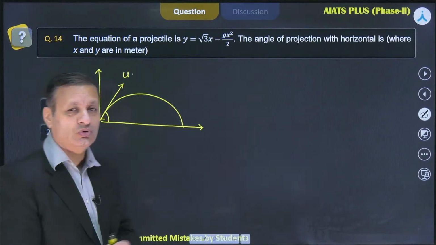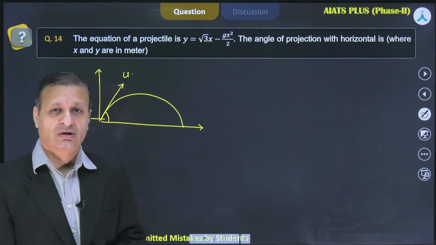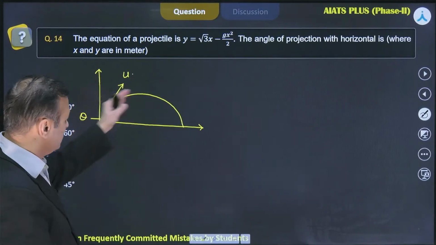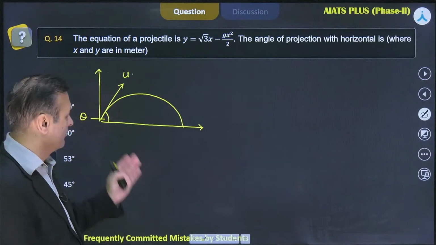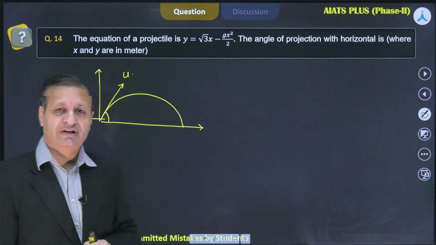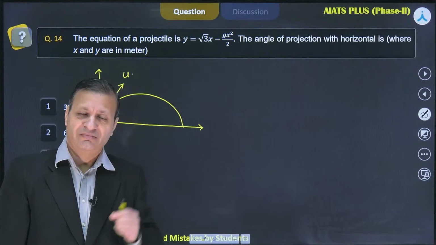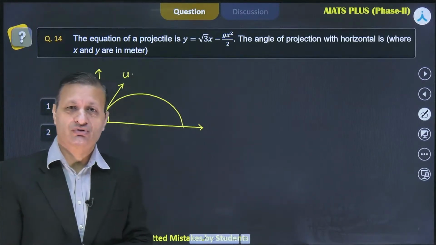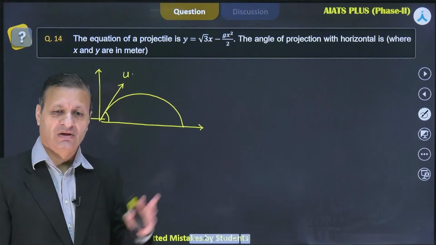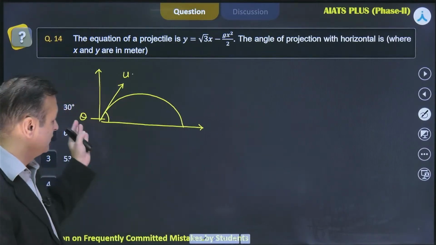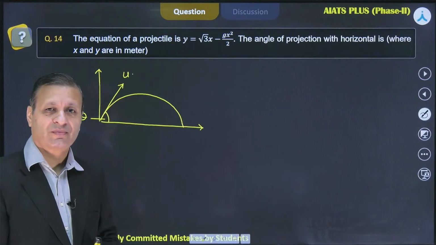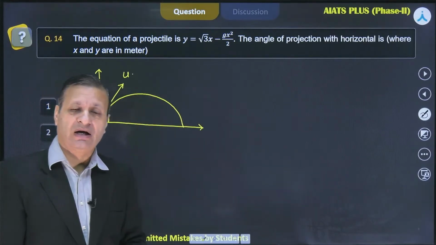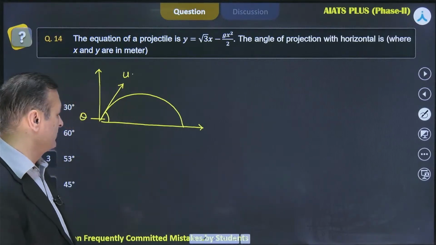If I ask you to observe your particle or your projectile at any of its trajectory, just by looking at the trajectory, can you tell me what kind of shape it appears to be? What kind of shape is this projectile following? So yes, you can see it as a parabolic path. So this is the parabolic trajectory.